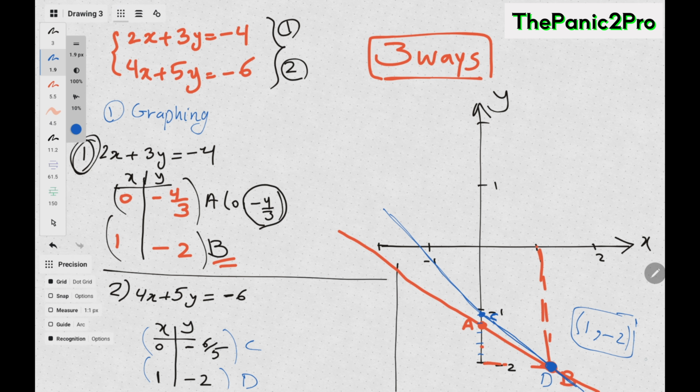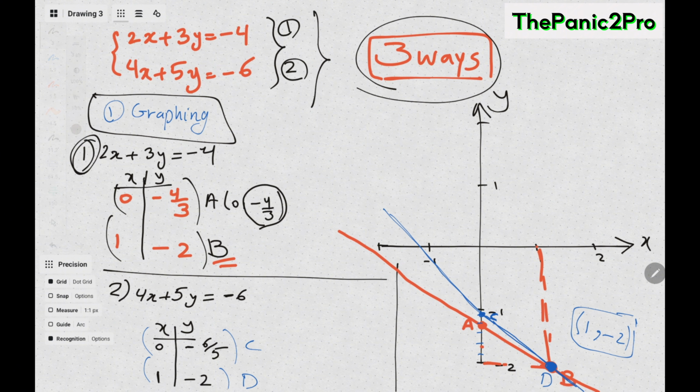And this way, the first way, we had 3 ways of solving these systems of equations. The first way is graphing. Graphing, well, sometimes it's quick. Sometimes it's a little bit challenging to figure out the points because we are doing everything by hand.